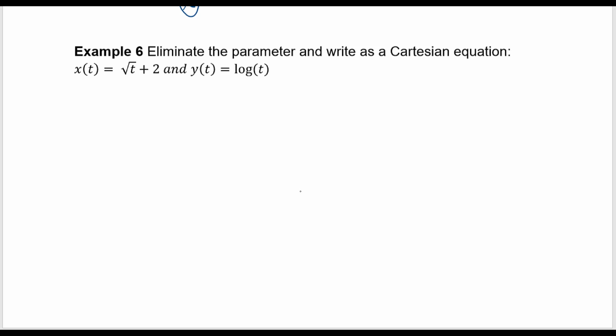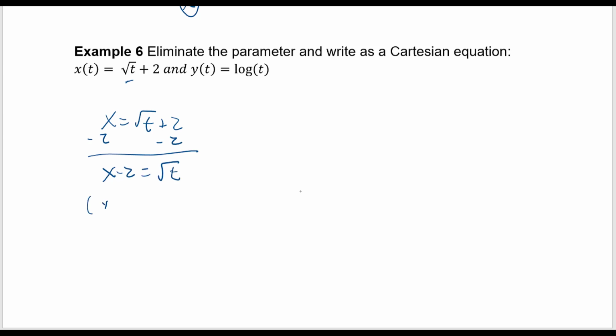So here we have x of t equals square root of t plus 2, and y of t equals log of t. So I think the easier one to solve for is here. So if I take x equals square root of t plus 2 and subtract the 2 from both sides, I have x minus 2 equals square root of t.